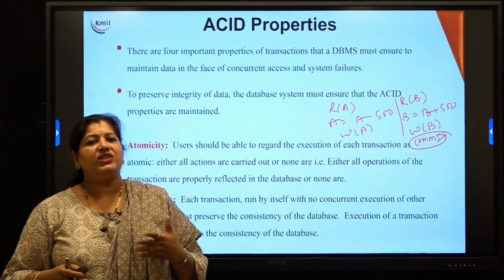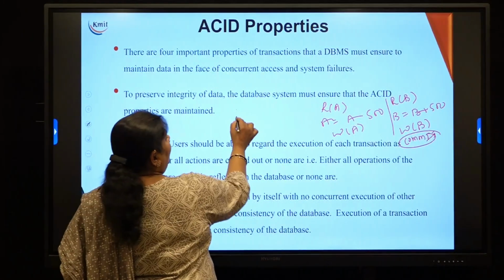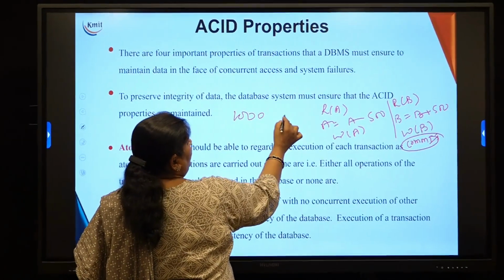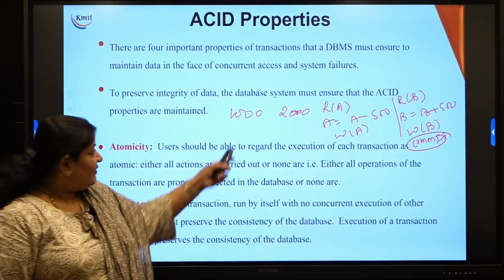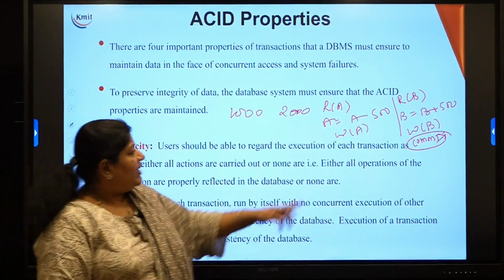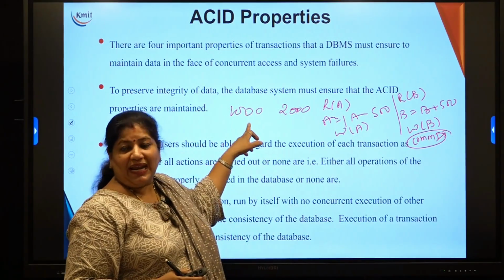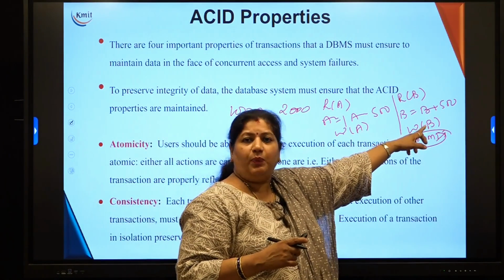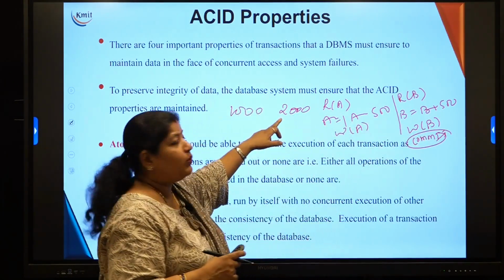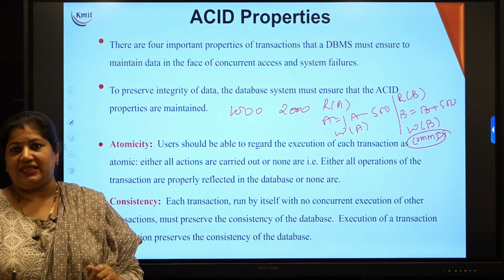For example, earlier in A's account there was 1000 rupees and in B's account there was 2000 rupees. The sum total is 3000, but if you make these changes, A's value is subtracted, that means 500 reduced, whereas this I could not perform. So B's value is still 2000. 2500 is the sum total, which is inconsistent.